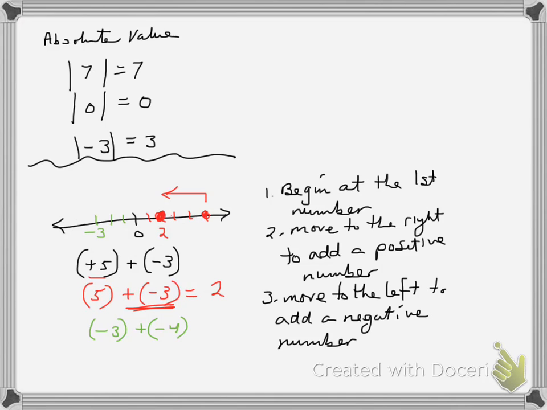And then, because I'm adding a negative, I would move to the left 4 places. 1, 2, 3, 4. Ending up here. And what is that? If I count it up, 1, 2, 3, 4, 5, 6, on the negative side of the 0, I've finished at -7.